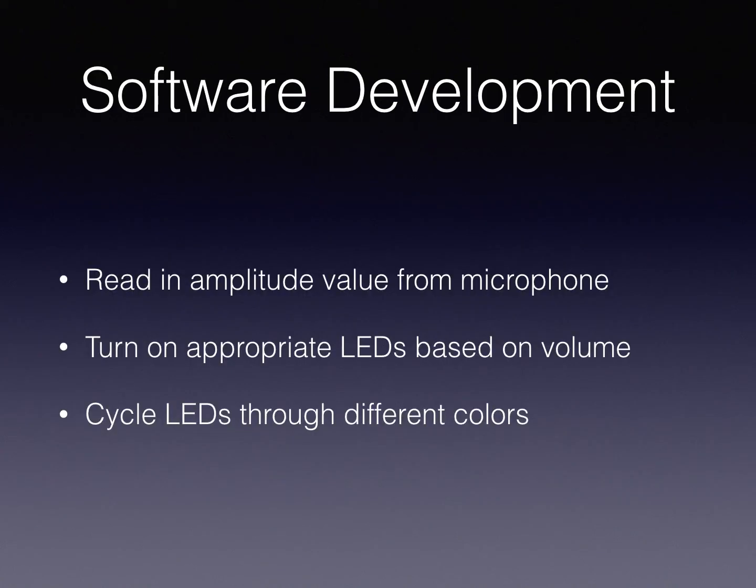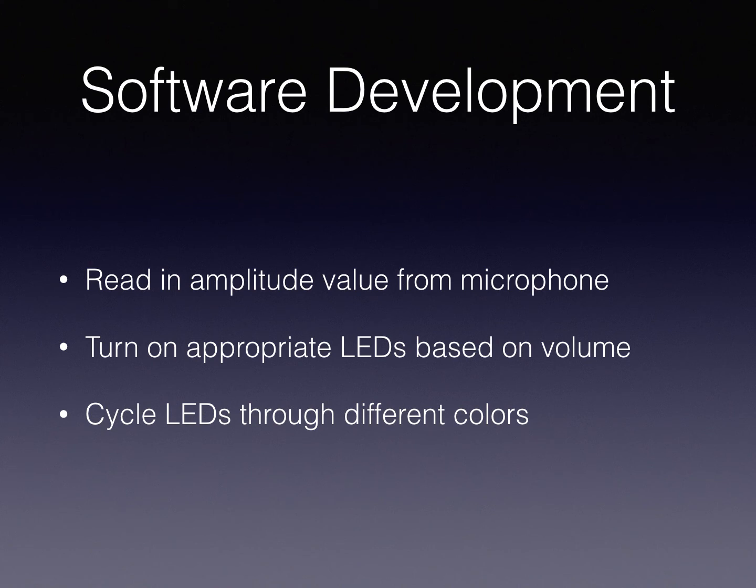So then I began developing my software, and the bulk of the development time went into the software development. Real briefly though, the way my code works is it reads in the amplitude value from the microphone, and again, that is an analog read.